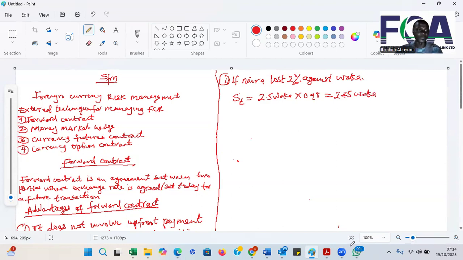So as previously computed, the transaction at forward rate, we computed that earlier.